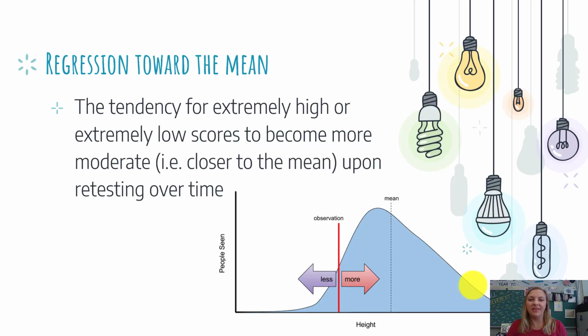Some other things to think about when looking at data is that very often when we have extremely high or extremely low scores, they become more moderate the more and more we retest. So, for example, when I grade AP exams in the summer, people in the beginning of their grading will either score really, really easy and give all of the points, or score really, really hard and give no points.